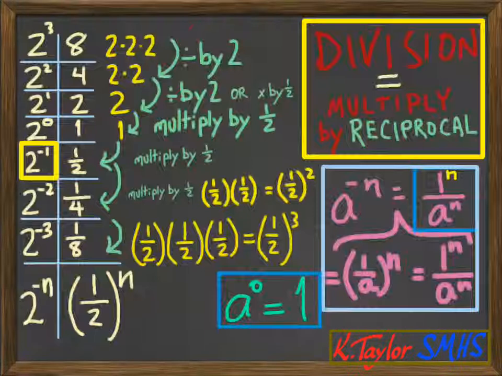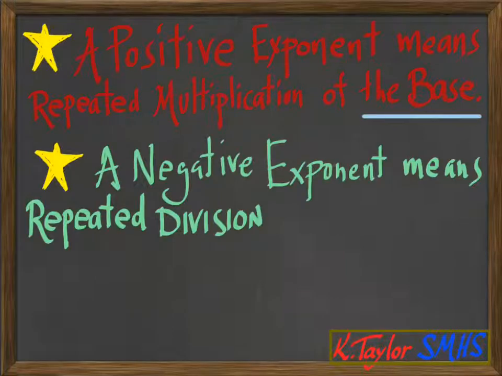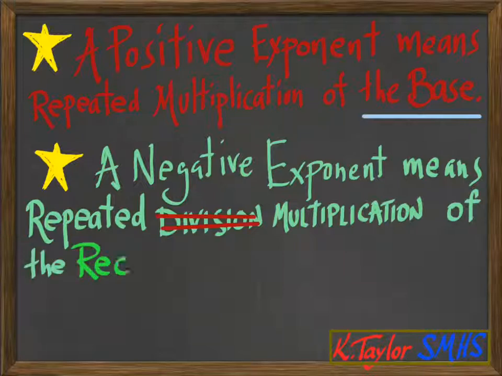So let's summarize a little bit of what we've been talking about. We've said that a positive exponent means repeated multiplication of the base, and a negative exponent means repeated, well, wait a minute, division? No, I don't mean division, even though division is, in a sense, the opposite of multiplication. I really mean repeated multiplication of the reciprocal of the base.